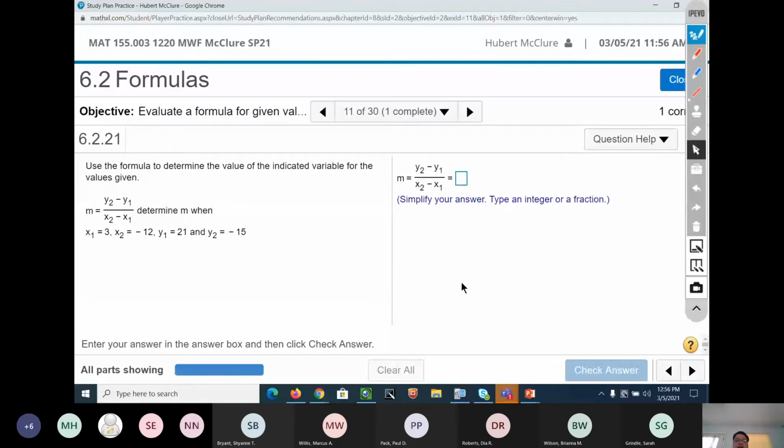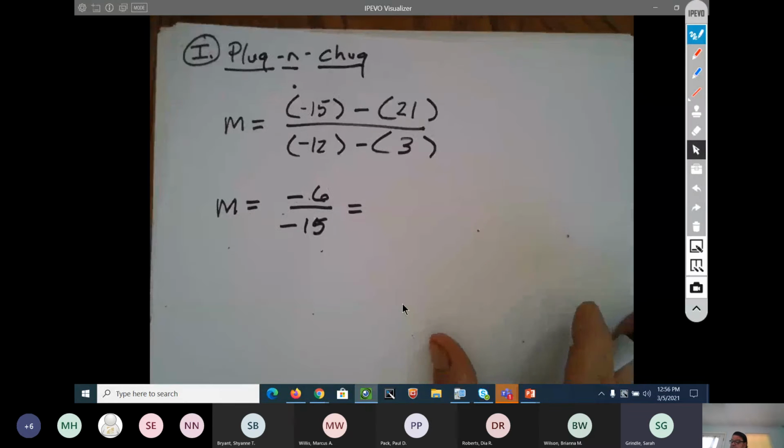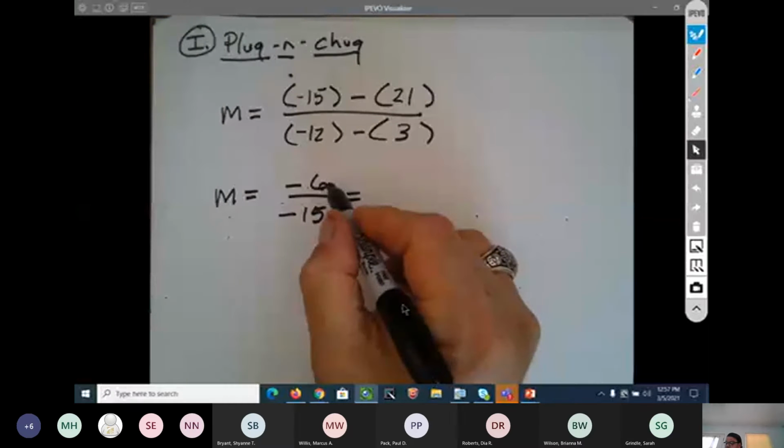And negative divided by negative is a positive. So that's going to be 3 will go in there 2 times, 3 will go in there 5 times, I think. And your answer is 2/5.